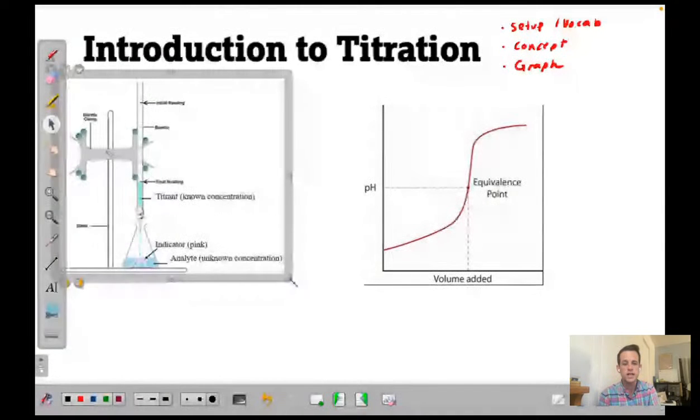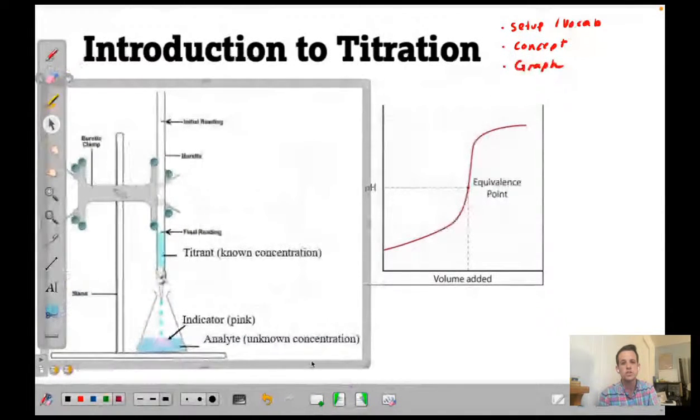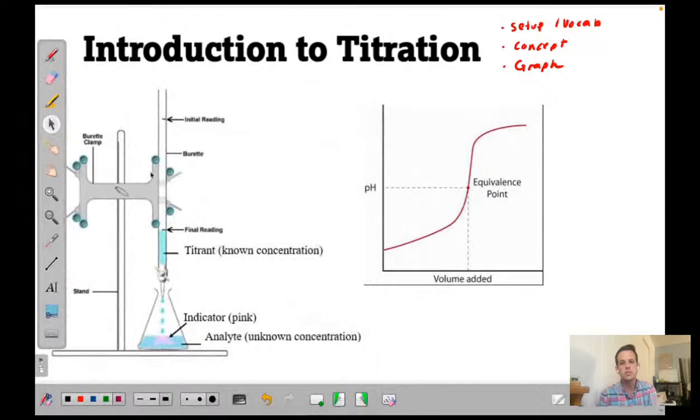Hopefully everyone got to do it in class. If for some reason you only did a digital titration or something, that's okay, as long as you remember what stuff is. So this is called the burette. That's what's delivering the fluid down into the flask. We try to use a flask instead of a beaker because there's less splashing going on.